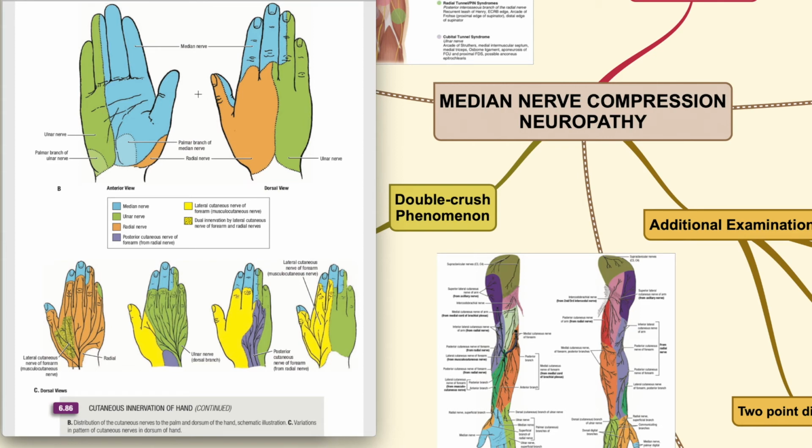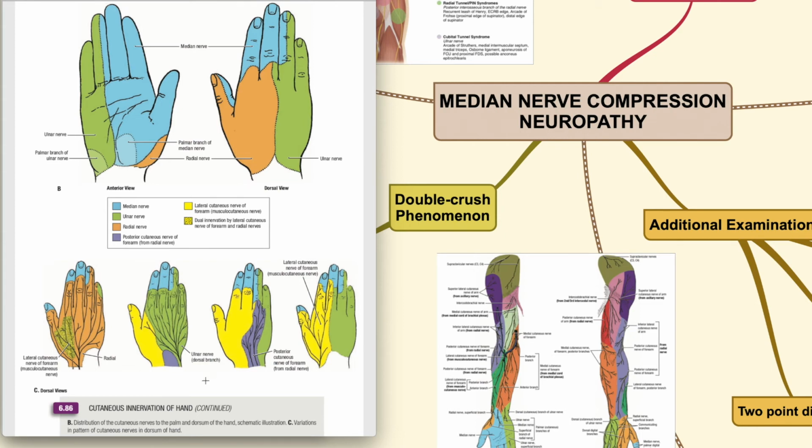I say normal, what I mean is the general population, because at the extremes of that general population, there are certain people who have a slightly different pattern of innervation, and that is why sometimes the physical examination that you get from your patient may be different.